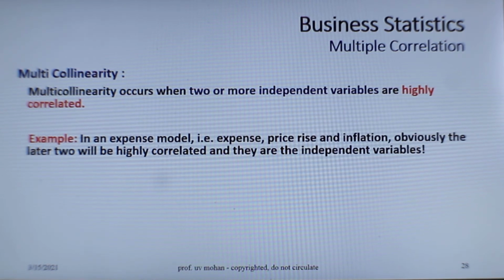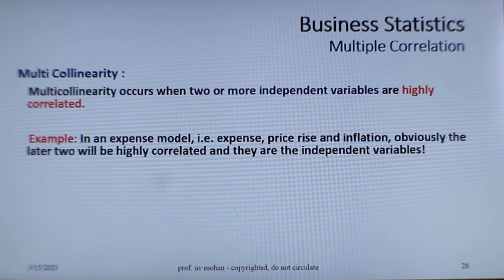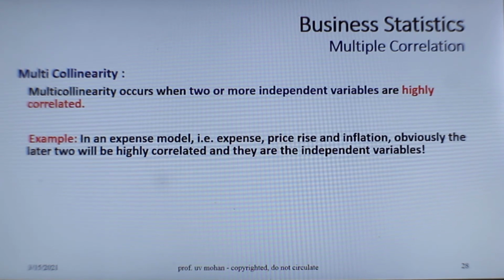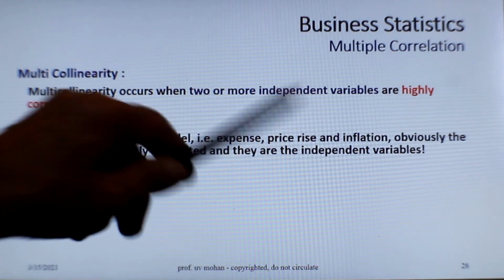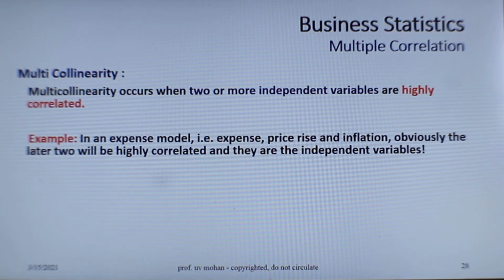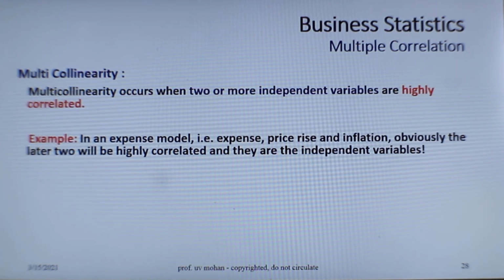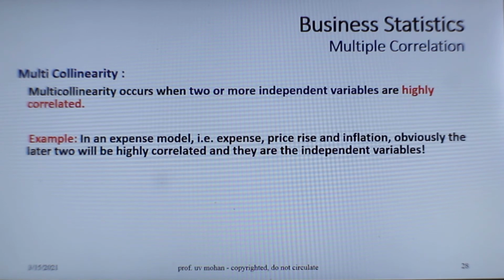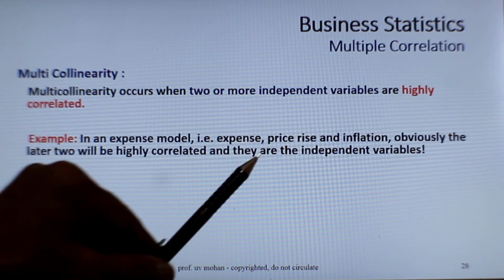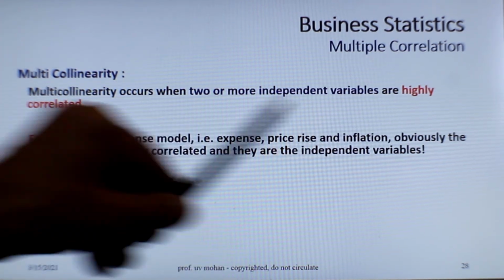Obviously, the expense is the dependent variable and price rise and inflation are independent variables. But you will find price rise and inflation are highly correlated. In such a situation, we deem it to be multicollinear. The data is multicollinear, or this is called multicollinearity, wherein two independent variables are highly correlated.